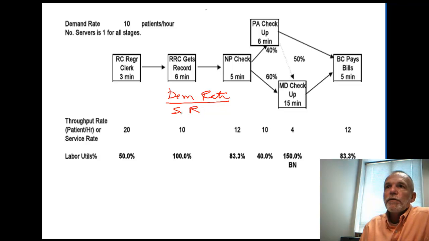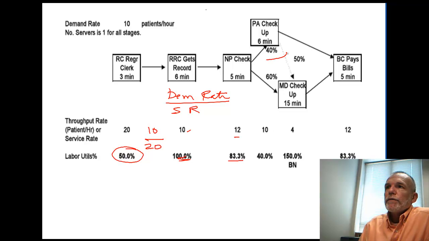So it's the demand over service: what we're being asked to do over what we are able to do. For this first step, the demand is 10 per hour, and we can do 20 per hour, and so that gets us a 50% utilization. Then it's pretty similar here and here.